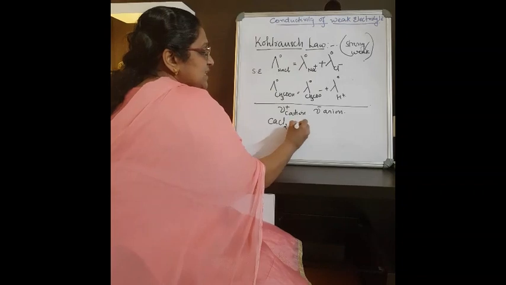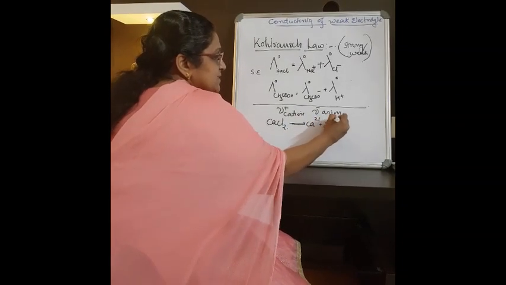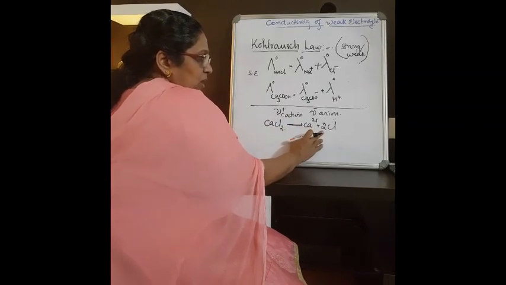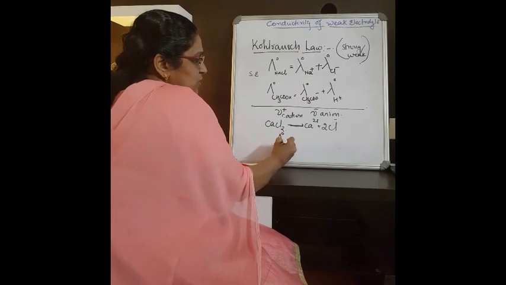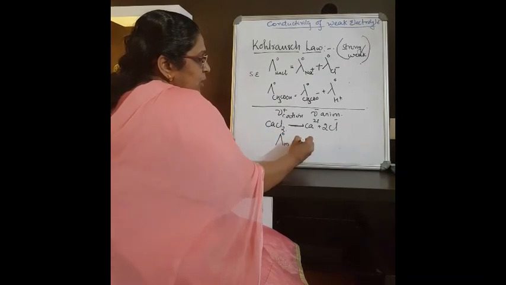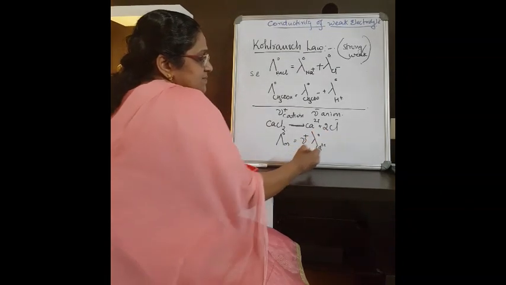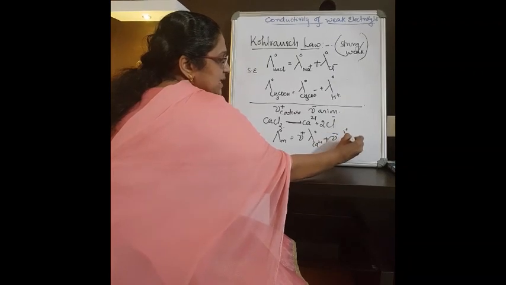It gets dissociated into Ca2 plus and 2Cl minus. There is one cation and two anions. So, how will you represent the Kohlrausch law? You can represent it as lambda 0 m is equal to nu plus of lambda 0 Ca2 plus, plus nu minus of lambda 0 Cl minus.